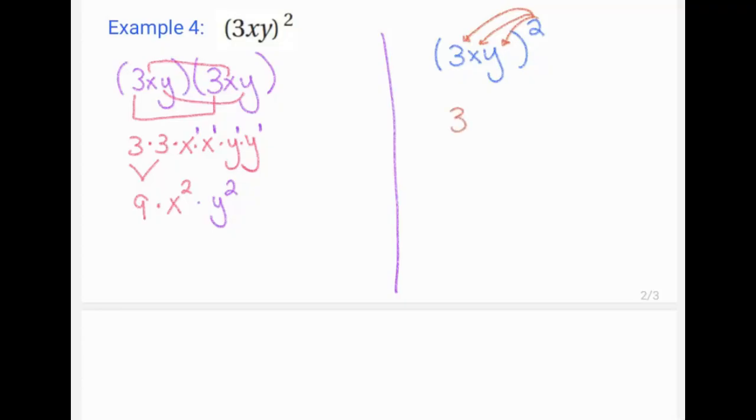So that would give us 3 to the second power times x to the second power times y to the second power. And the x's and y's look good because we just have the exponents, but the 3 we would have to simplify out. And so 3 to the second power would then be the same as 3 times 3, which gives us 9. So our final answer becomes 9, x to the second times y to the second, which is exactly the same as the first one.